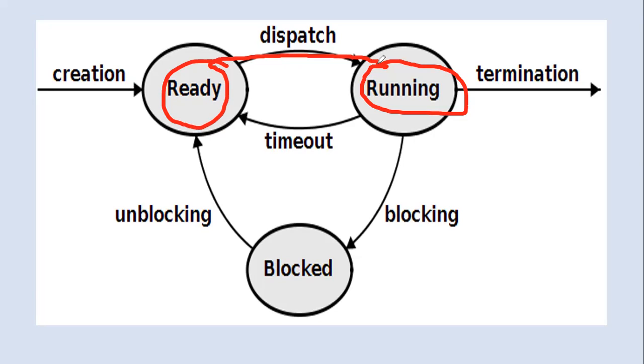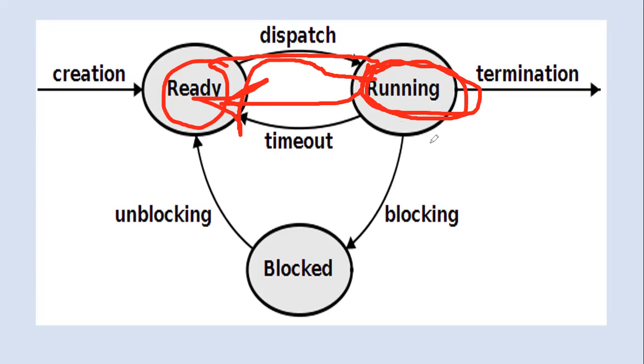It continues to be executed, but if its time elapses before it has been processed completely, it is taken back to the ready state where it will then wait. And once its time is ripe again, it is dispatched to the running state.